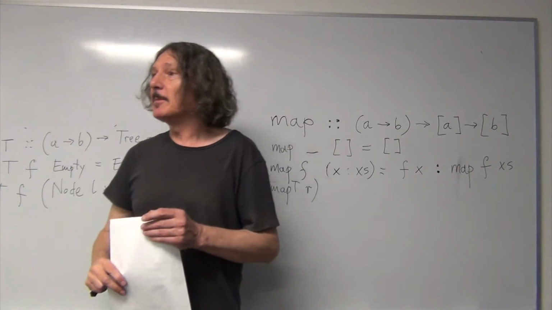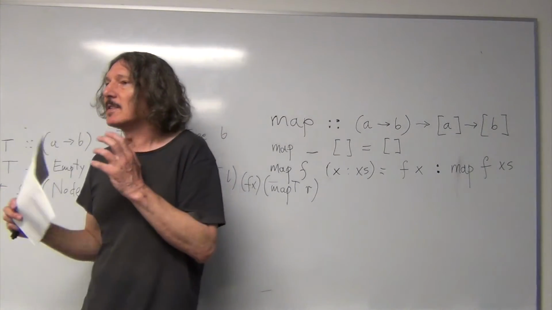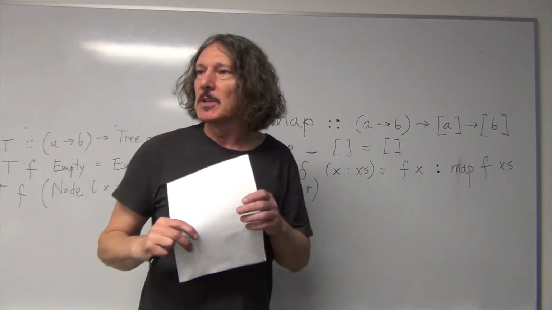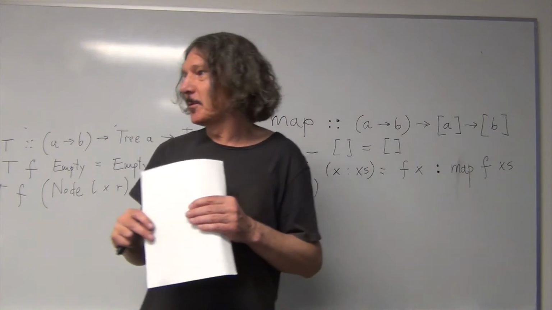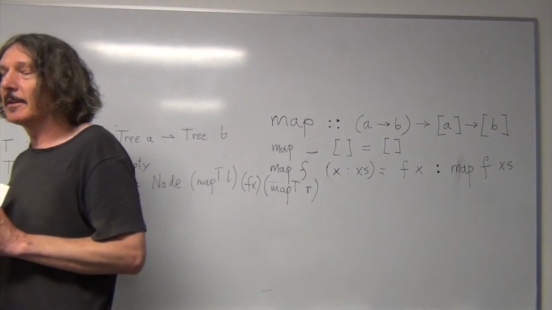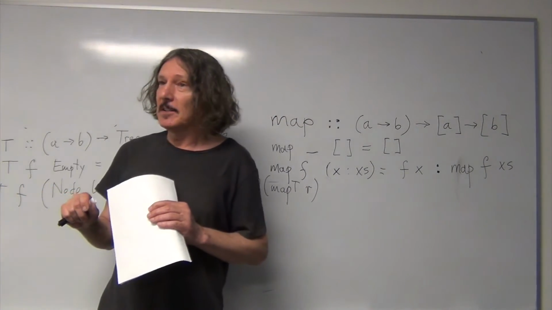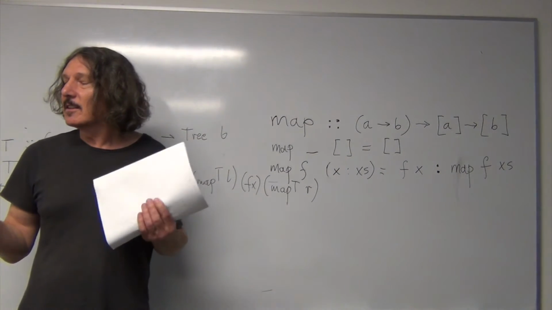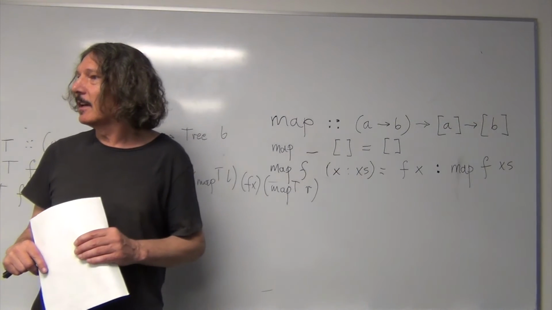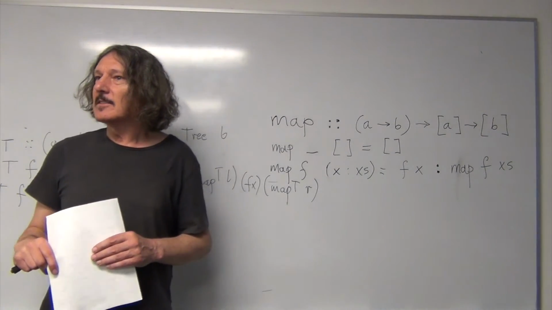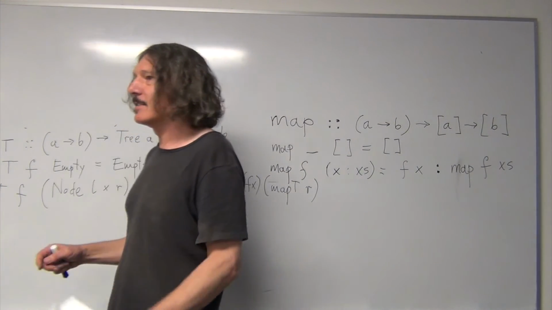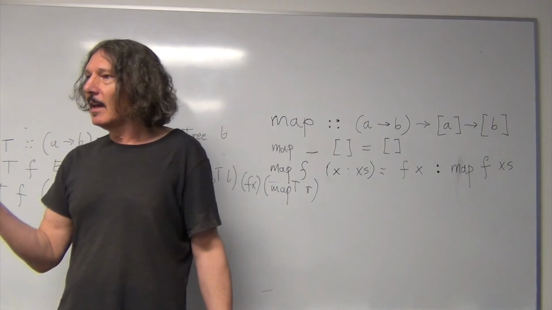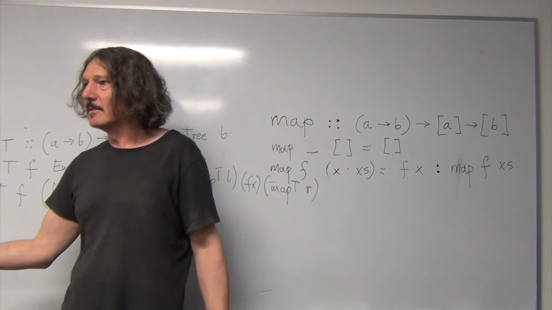So first let me explain what the intuition is behind a functor. The simplest intuition, if we don't want to get into category theory, is that a functor is sort of like a container. It's a container of A's. Okay, so a container has a shape and it has the contents.